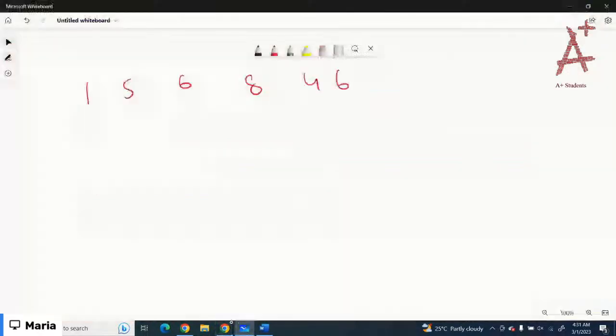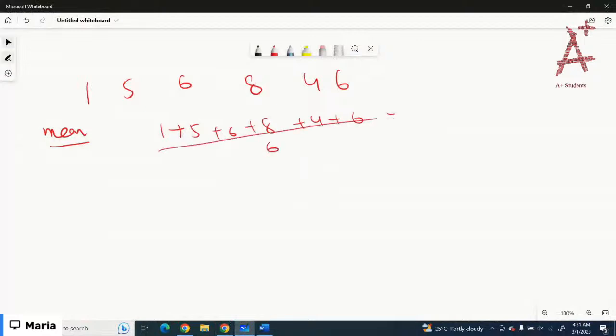The first step is you have to calculate the mean. For the mean, you have to add them: 1 plus 5 plus 6 plus 8 plus 4 plus 6. Then divide by 6, because there are 6 numbers in total. The sum of all the numbers is 30. 30 divided by 6: 6 times 5 is 30.